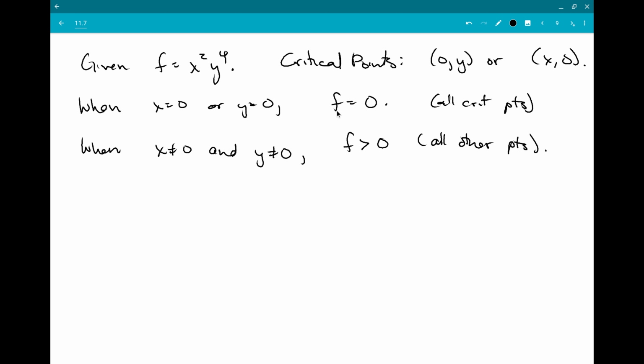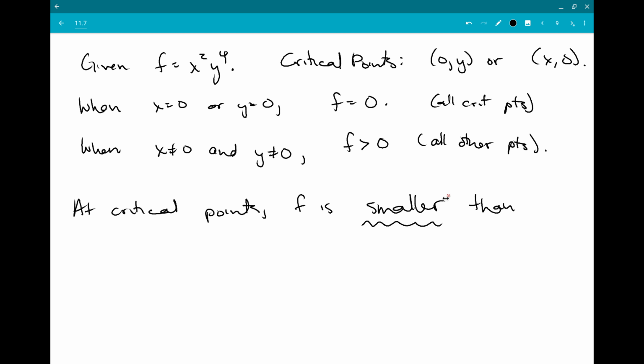So if at a critical point f is equal to 0, but at any other point f is bigger than 0, we know that f is smaller when we're at the critical points compared to anywhere else.